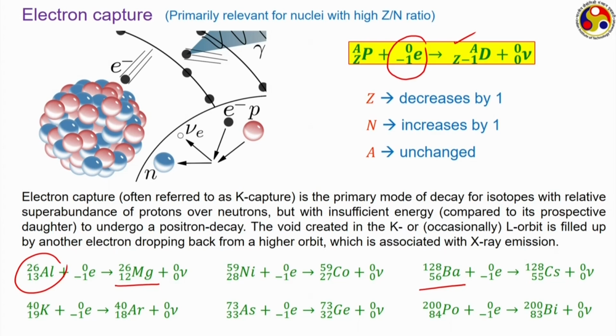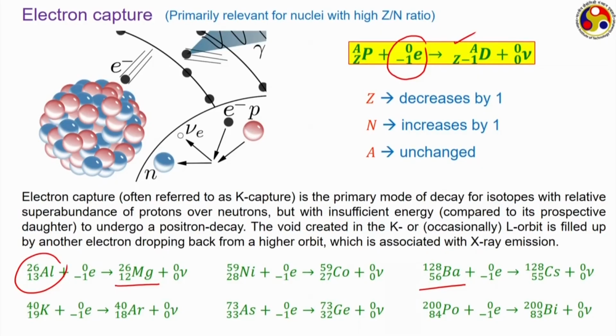But in case of positron decay, the isotope or the nucleus has a good amount of energy, at least something more than 1.022 MeV, and therefore it is able to convert one proton to a neutron and eject one positron during the process. Whereas in case of electron capture, the isotope does not have that much energy, and therefore it draws one orbital electron into its nucleus and combines that with a proton to get a neutron as a final product.